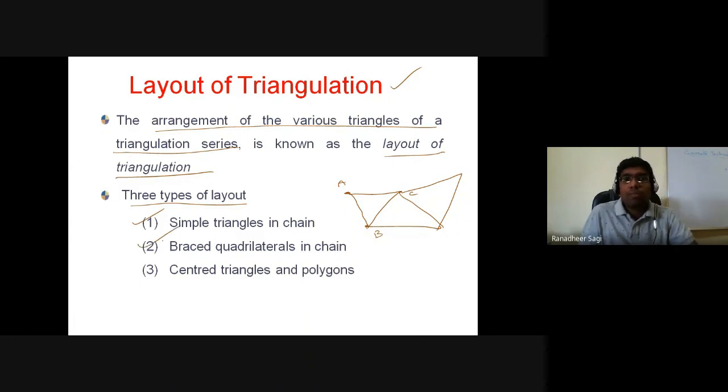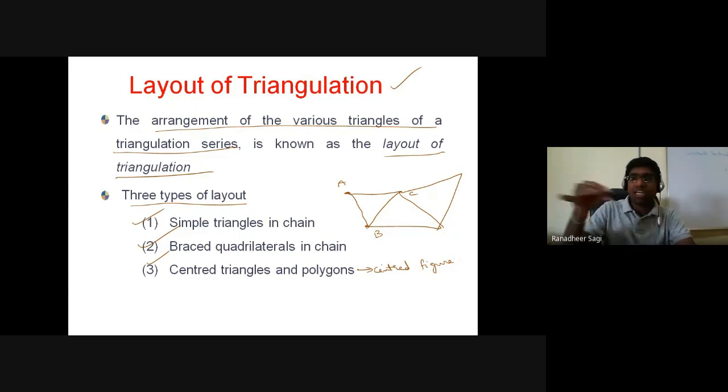Another is by making use of braced quadrilaterals, with quadrilateral shapes one adjacent to the next, and so on. The other way is by centered triangles and polygons, also called a centered figure. Based on the centered figure, you prepare the layout of the triangulation for that particular area.